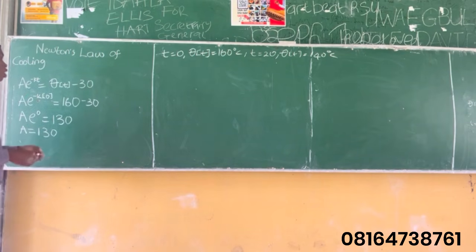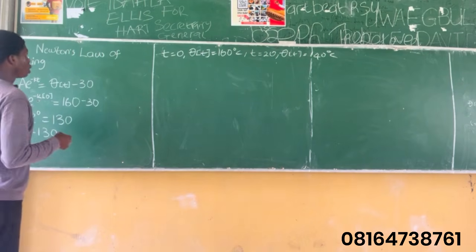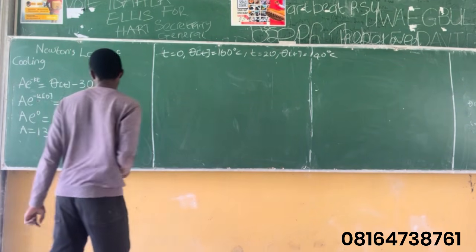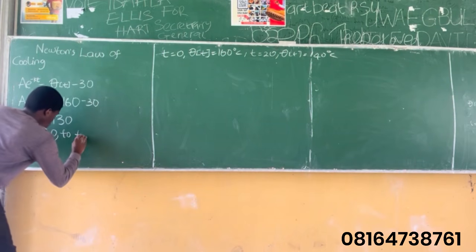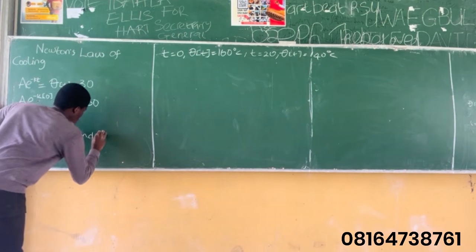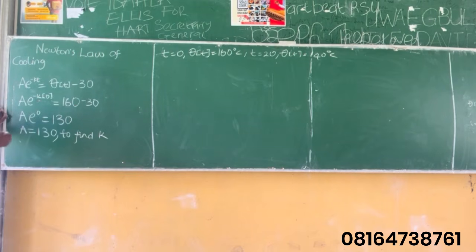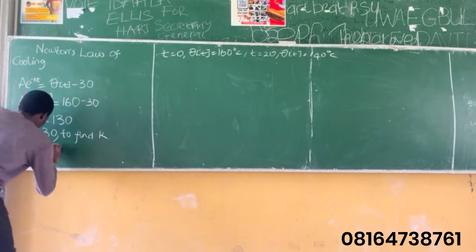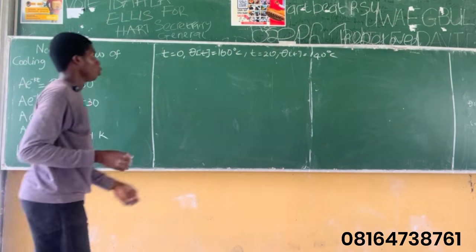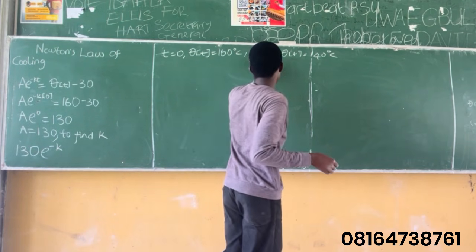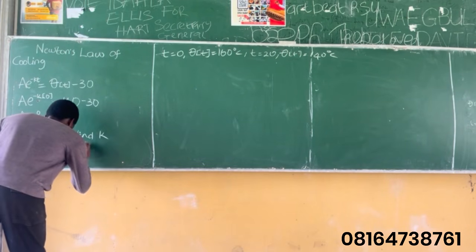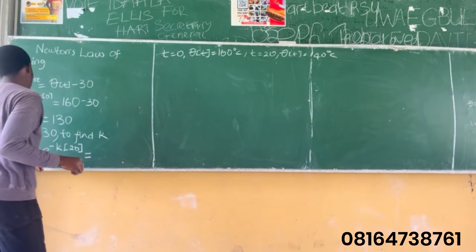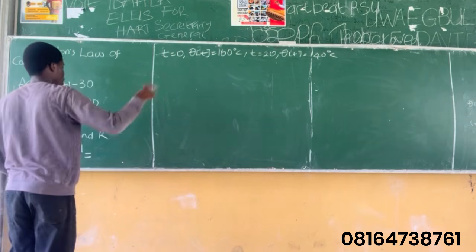Secondly, we are going to be finding the value of k using this second condition. So now, to find k, we'll put 130 e^(-k times 20), whereby t is 20 and our theta is 140.